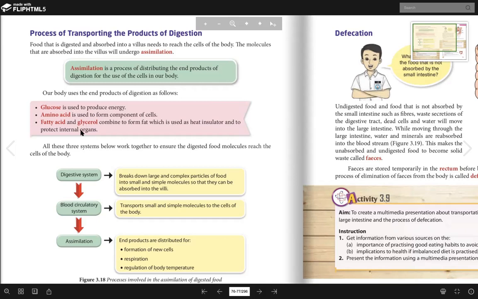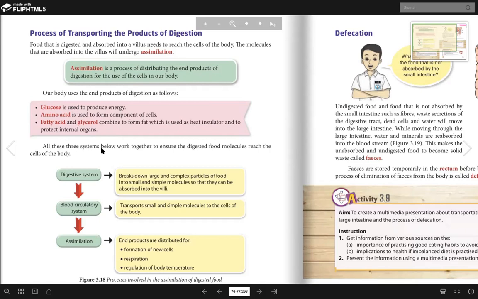So why are they important? Because fatty acid and glycerol is used as a heat insulator and protect our internal organ. So these are the end product of digestion, and all these things will be used by the cell in our body. So itu maksud assimilation. Proses yang mana kita dapat end product tu kita guna.